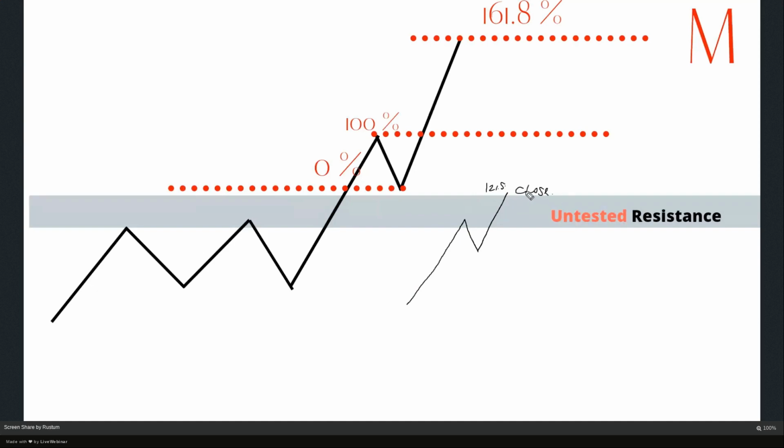The candle is unable to close there, and then it comes back down. It's hovering there, playing around there for a while, unable to close, and it comes back down, and then you take your M pattern as you would usually do.